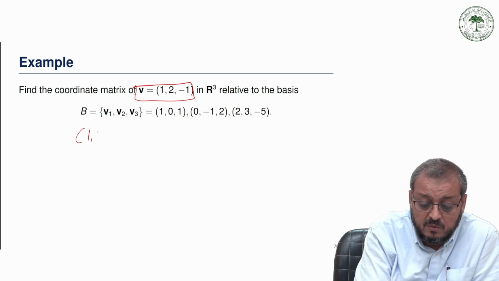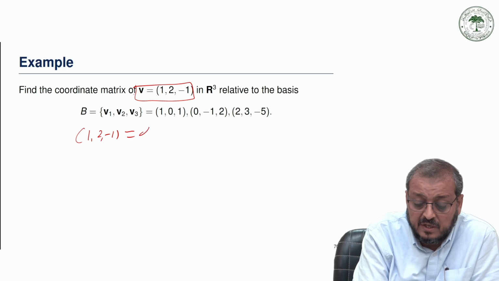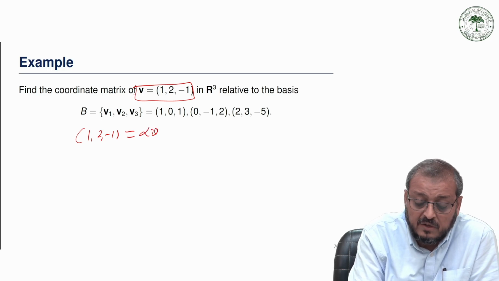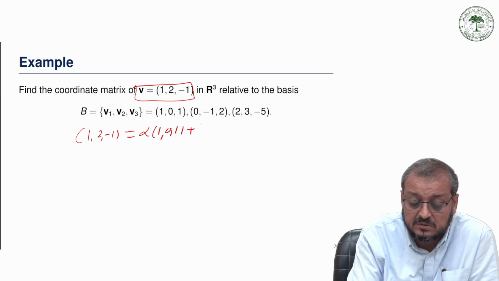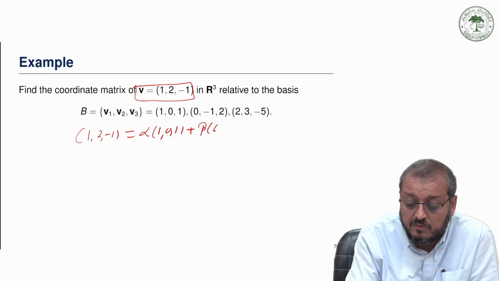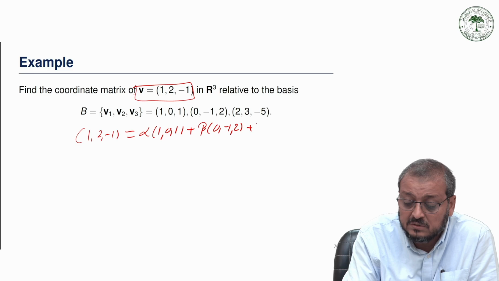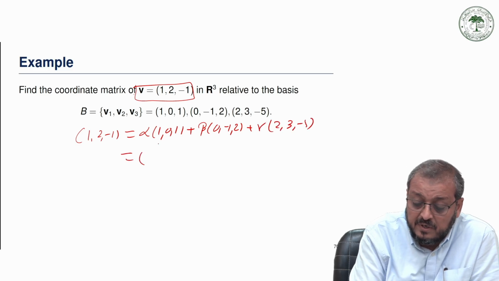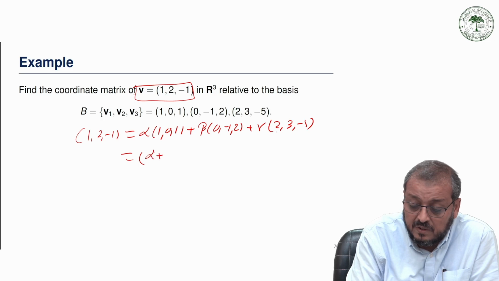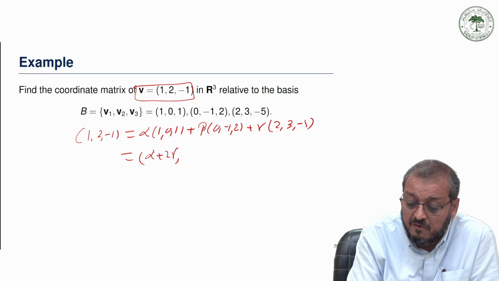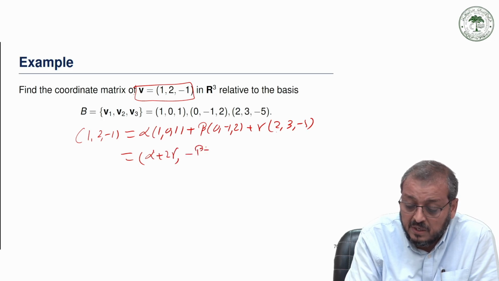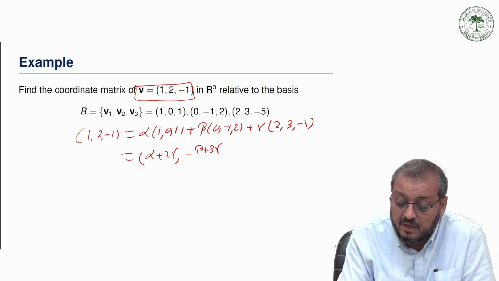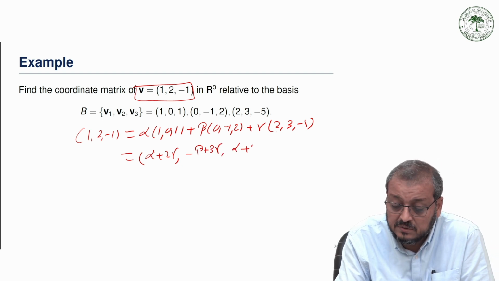So again, (1, 2, -1) can be written as alpha times V1, which is (1, 0, 1), plus beta times (0, -1, 2), plus gamma times (2, 3, -5). This can be written as: alpha plus 2 gamma is equal to 1, minus beta plus 3 gamma is equal to 2, and alpha plus twice beta minus 5 gamma is equal to -1.